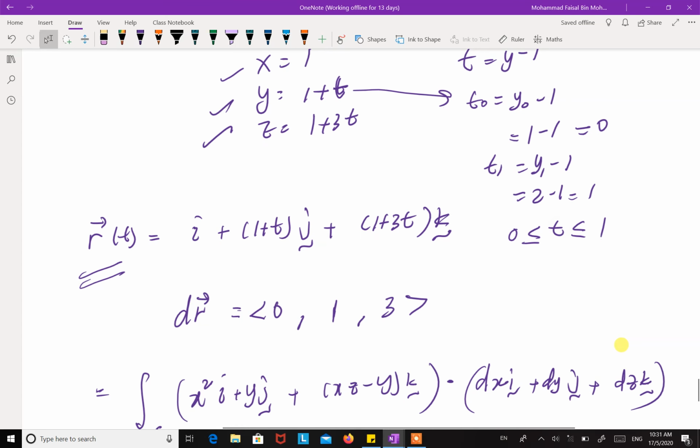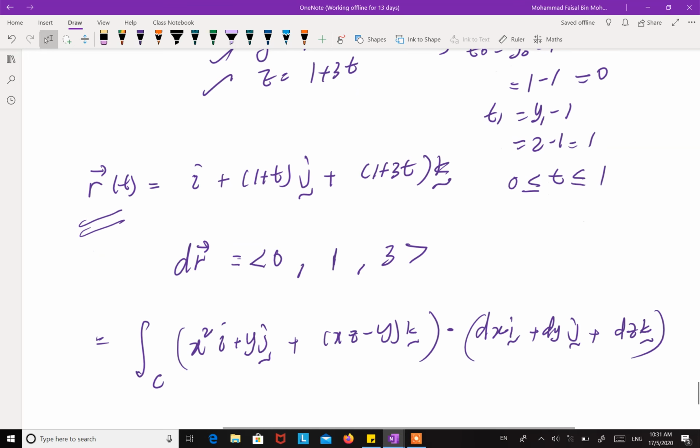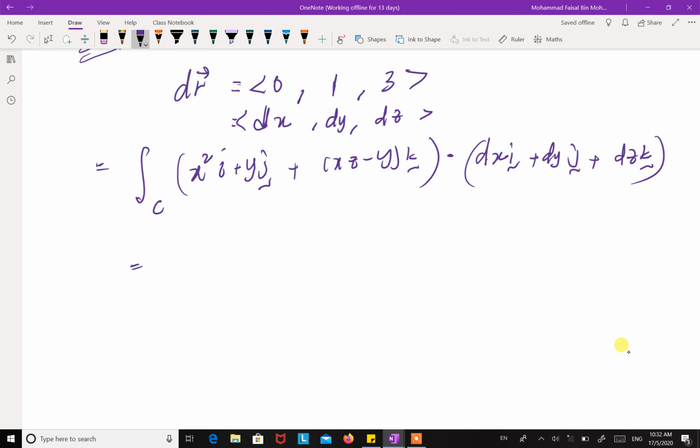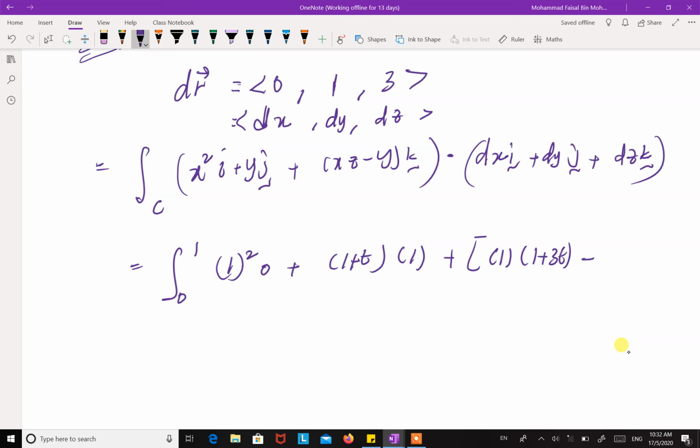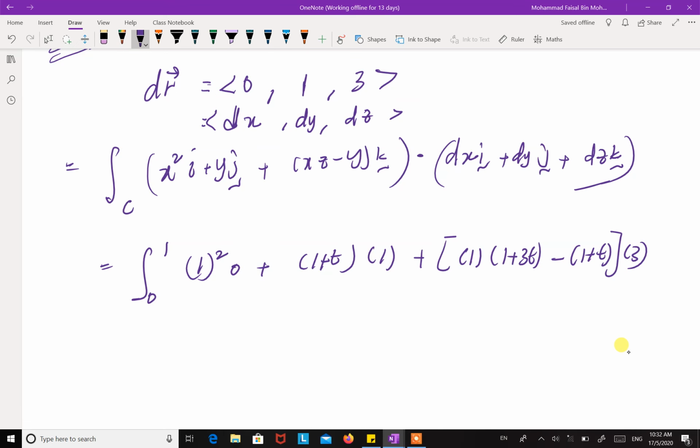So your dx is 0, dy is 1, and dz is 3. So this will be from 0 to 1, 1 squared times 0, plus (1 plus t) times 1, plus (1 plus 3t minus 1 plus t) times 3, because your dz is 3.